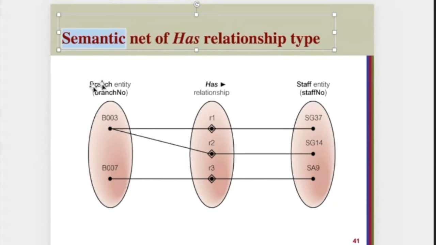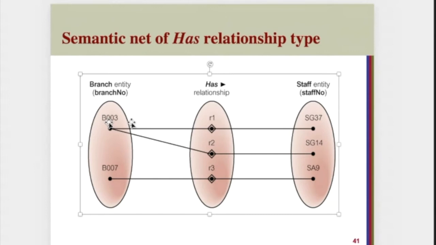First, the entity is branch. Second, the entity is staff. Branch and staff have a relationship, and we say the name of the relationship is has. Branch has staff. For example, branch B003 has staff whose IDs are SG37 and SG14.